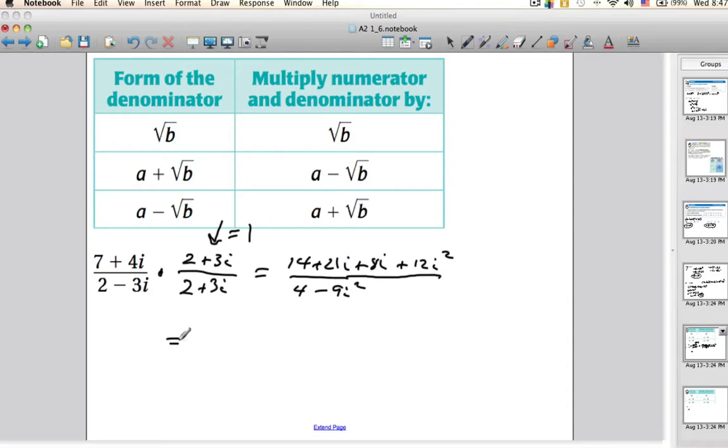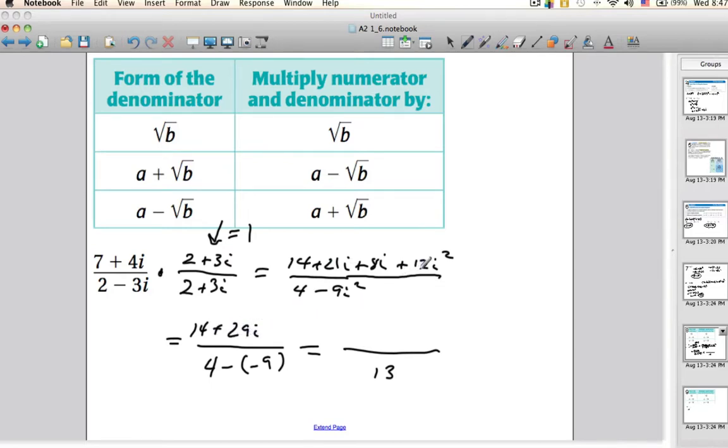So in my denominator, I'm going to have 4 minus -9, right? Because i squared is -1, 9 times -1. So my denominator is going to become 13. In the numerator, I'll have my 14. 21i and 8i is plus 29i.